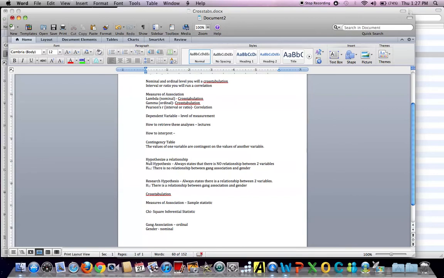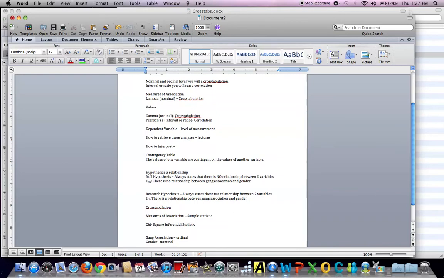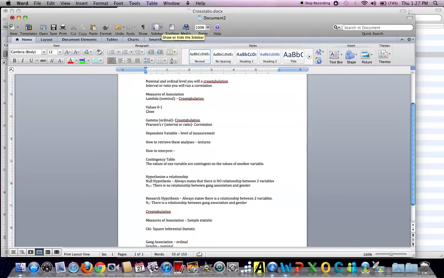The other thing you need to know about these measures of association is that lambda's values go from 0 to 1, and the closer you get to 1, the stronger the relationship is.